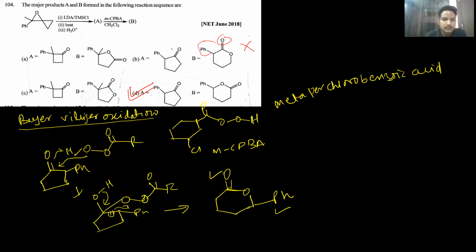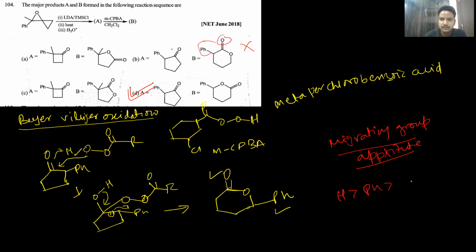Because phenyl migration will take place. So always keep in mind the migratory group aptitude. You have to think hydrogen, then Ph, then alkyl.